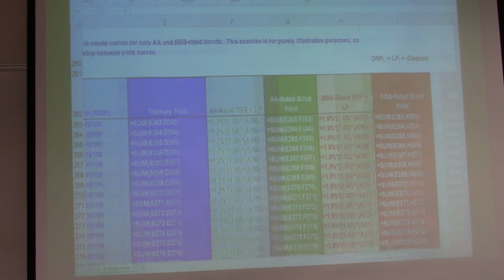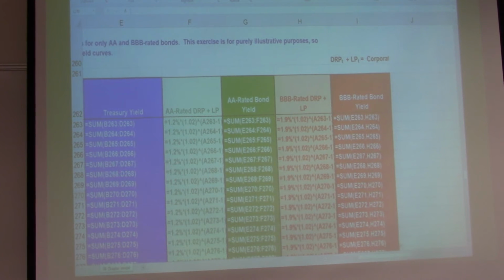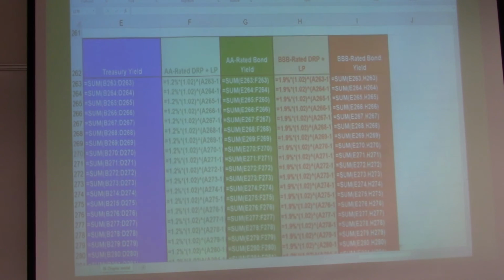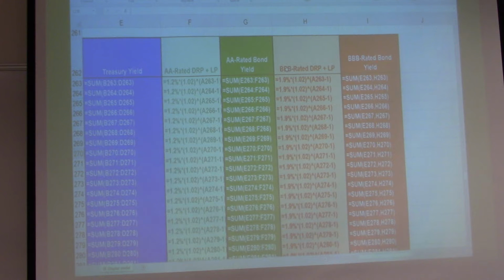So for the BBB rated bonds, is it just the treasury yield plus the BB rated? That's right. For BBB, you use treasury plus the BBB's default and liquidity. So you add the treasury, which is E263, plus H263.